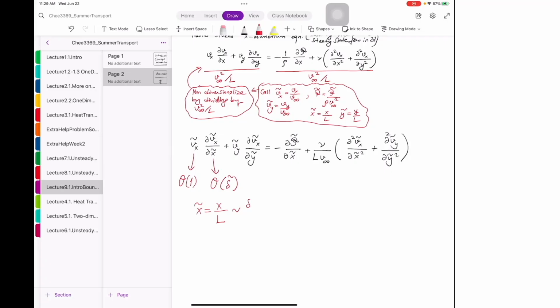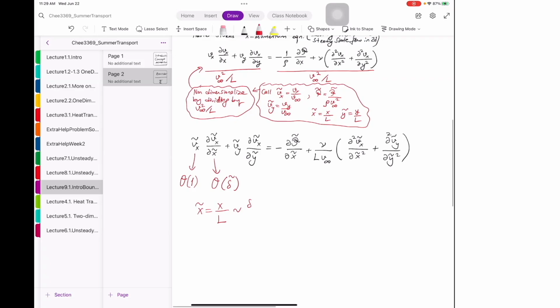Okay, so let's see. Del Vx over del x tilde. Vx tilde is in the order of 1, so that's correct.